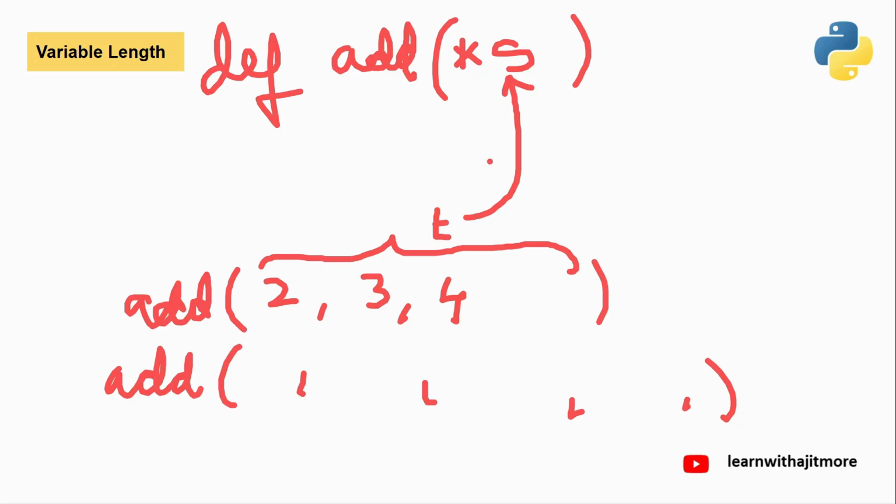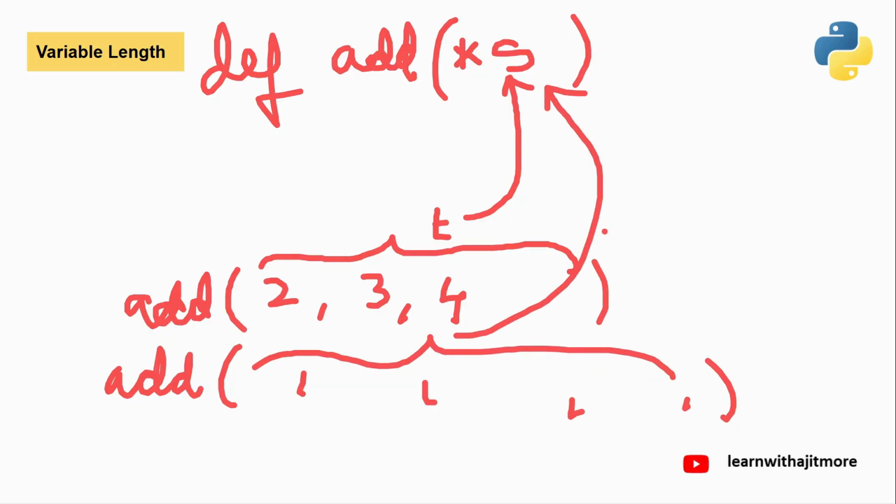But how does Python know that all are to be packed into a tuple and then passed? Because of this star. To that argument, you have given a star. So as the star is put, it is sure that this many values are going to come. Like in the next case, if I am passing 10 values, all the 10 values are packed into a tuple and that tuple comes here.